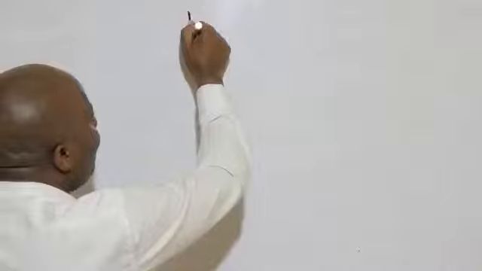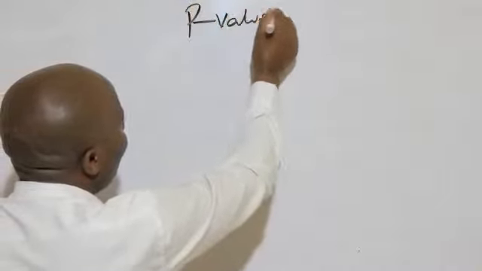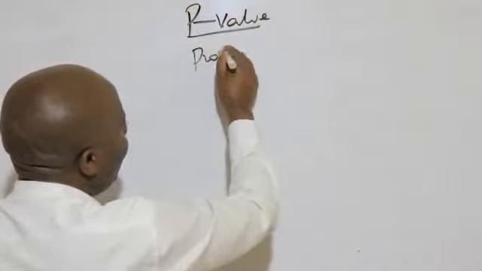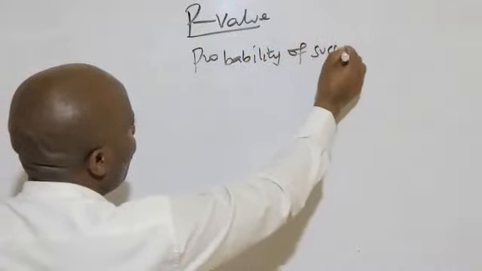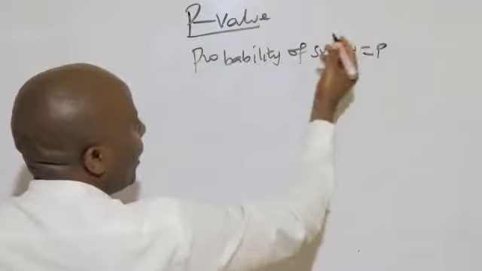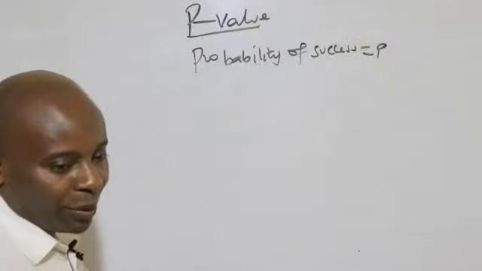Right? So they gave us another free marker there for p-value. P-value is the probability of success. Probability of success is our P. And this is very easy to use to interpret.